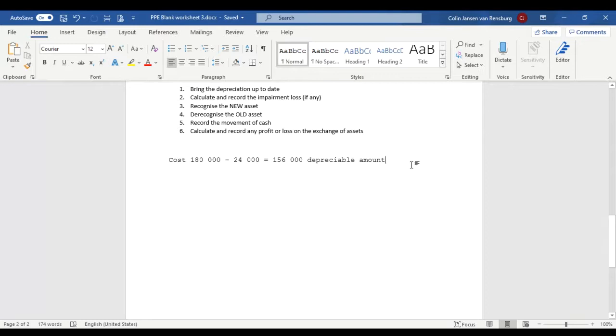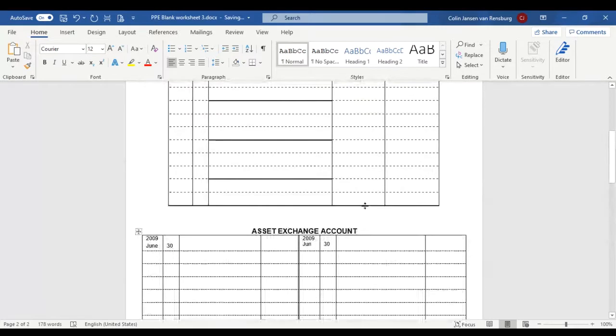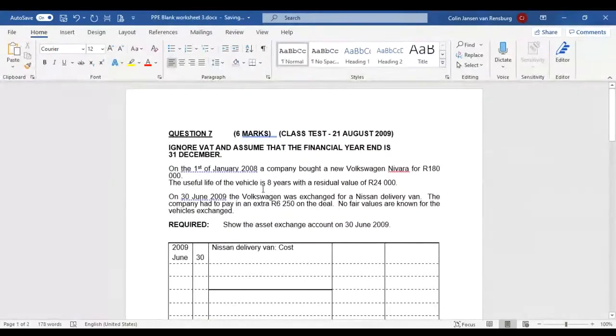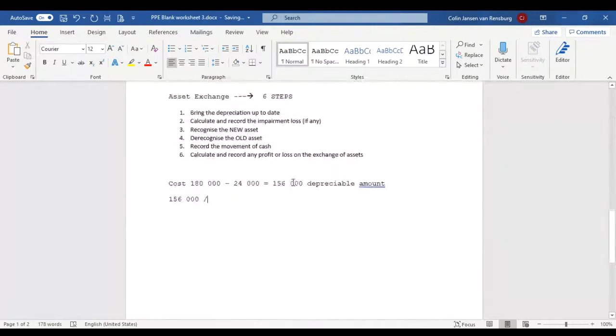So let me just type that at the bottom as well. So 156,000, which is our depreciable amount. Over how many years are we going to depreciate it? 8 years. Thank you. So the useful life is 8 years. So we're going to depreciate it over 8 years.